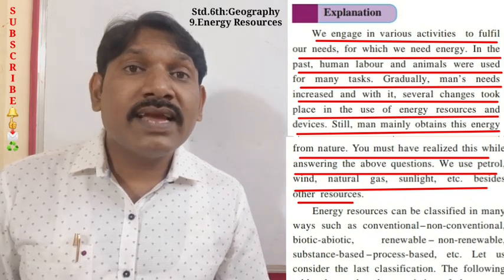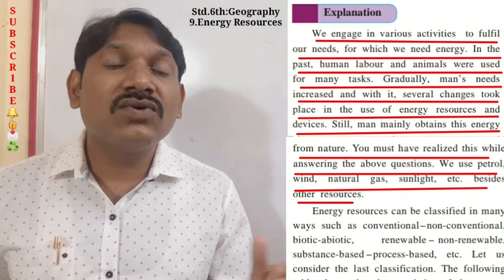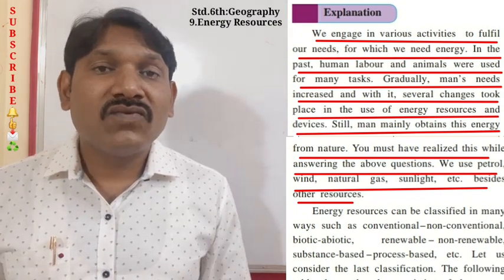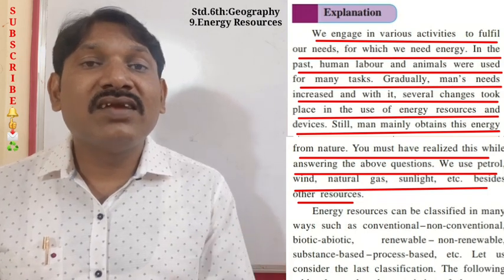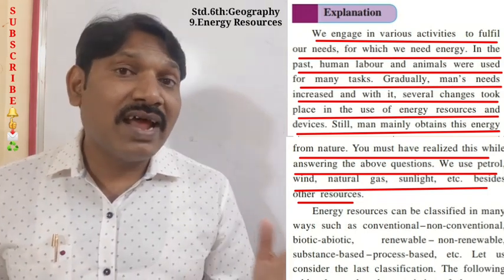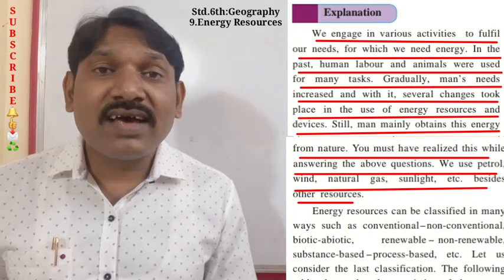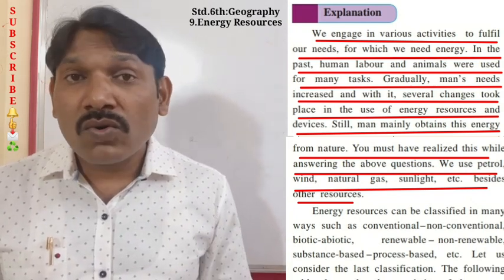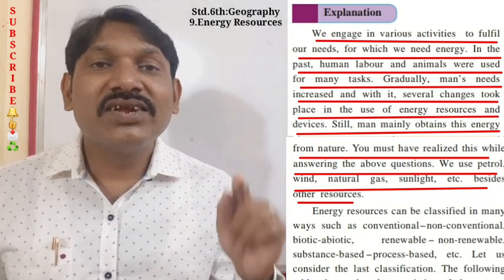It is the modern era. Everything has changed. We are using different resources of energy, for example electricity and machines based on electricity: light, washing machine, refrigerator, vehicles. As per need, we are using the devices as well as the resources.